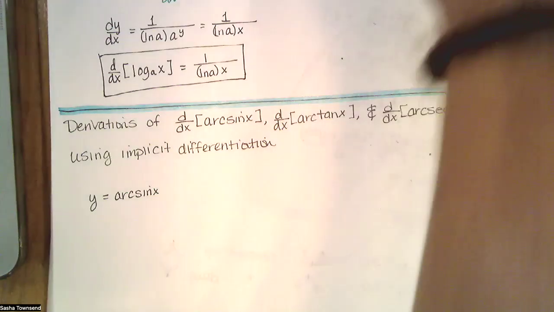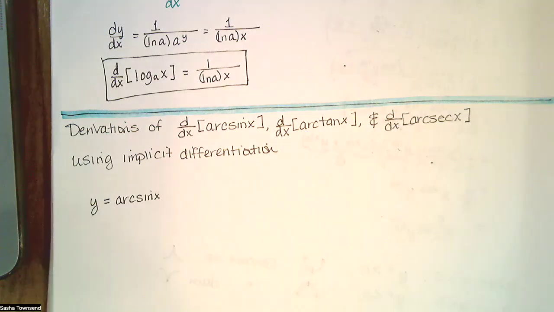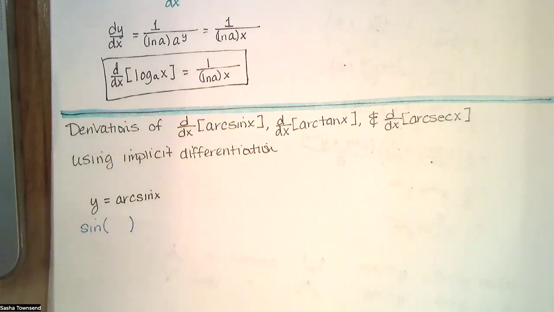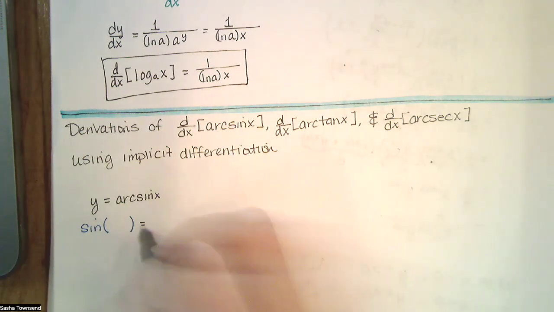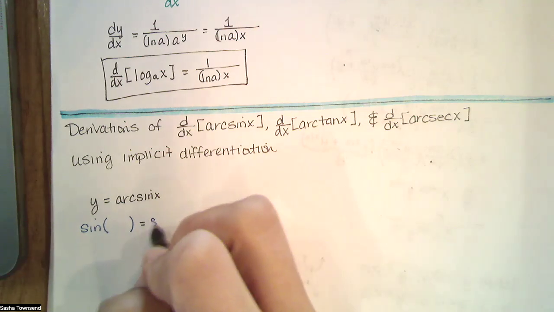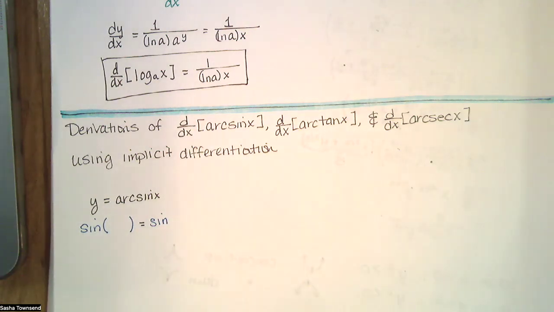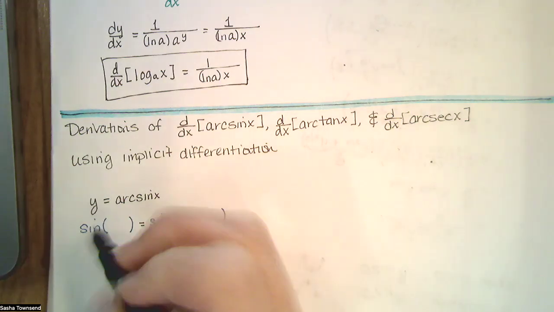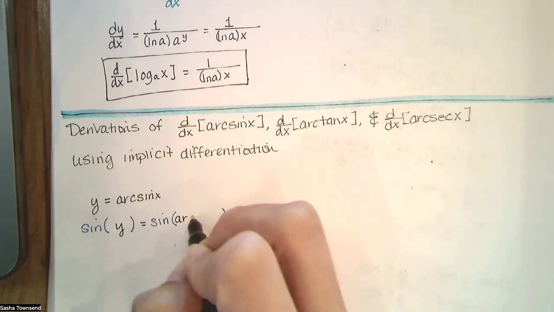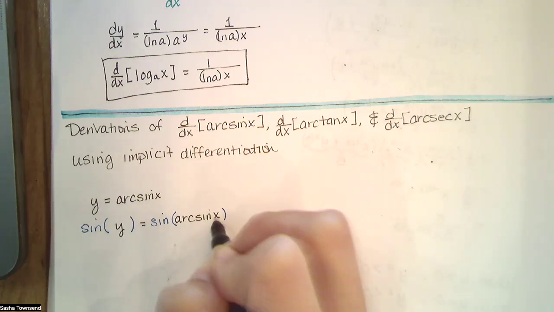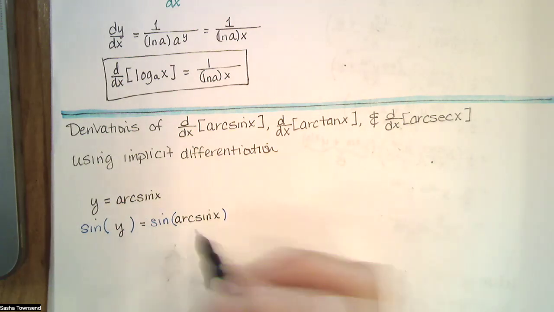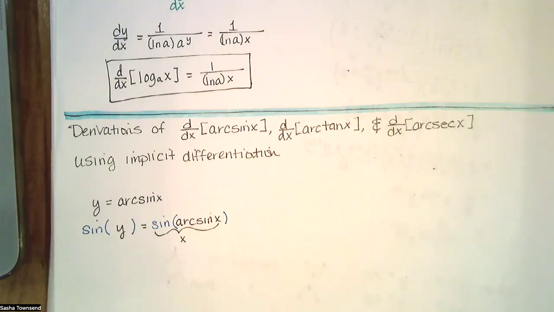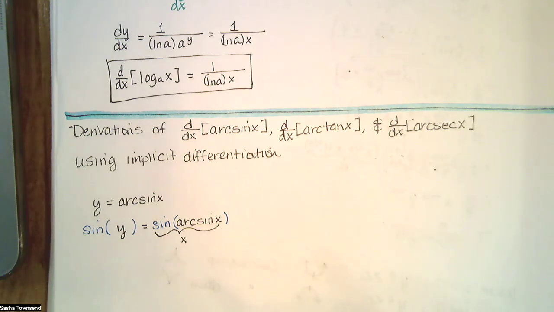So then we take the sine of both sides. The sine of the arcsine of x is just x. And now I have sine of y equals x.